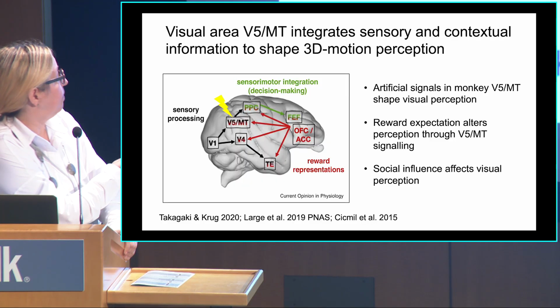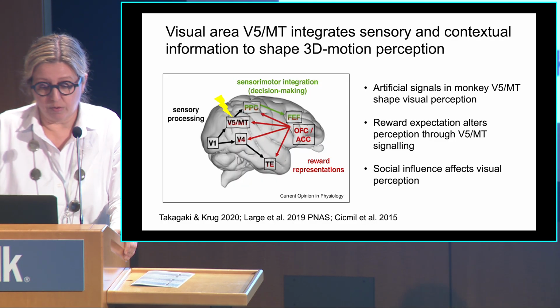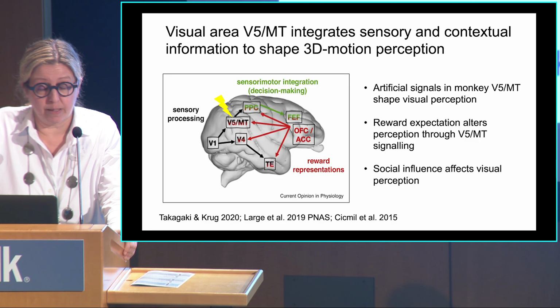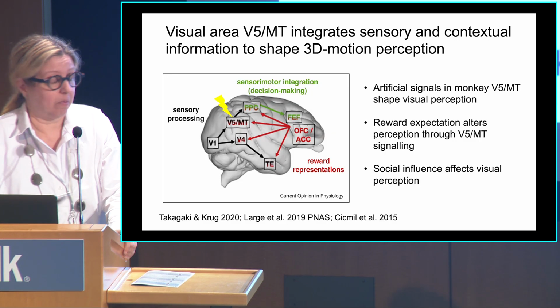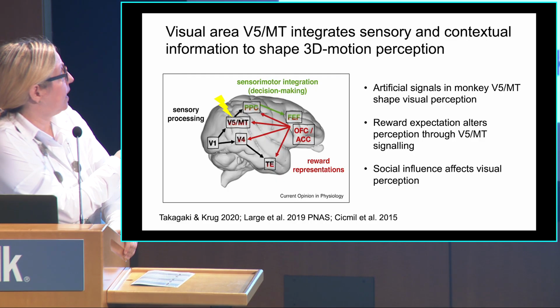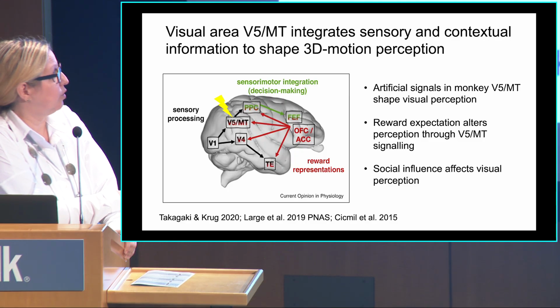It gets input from earlier visual areas with the right information. We know for the tasks we're looking at, there are no perceptually relevant signals in there, but the sensory information is there. It's tightly connected to parietal cortex for the sensory-motor transformation, and it also gets input from reward representations, for instance.